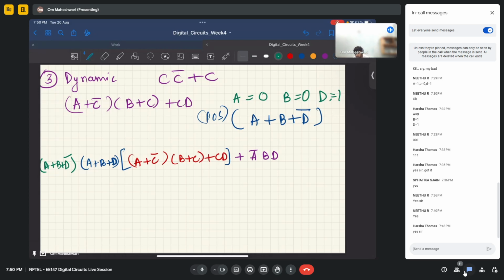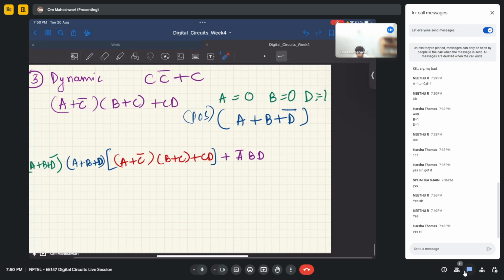So this hazard is actually a dynamic hazard, right? So it will depend on the condition of C. Let's say if C equals 0, then this will become 0, so your output should basically be 0.